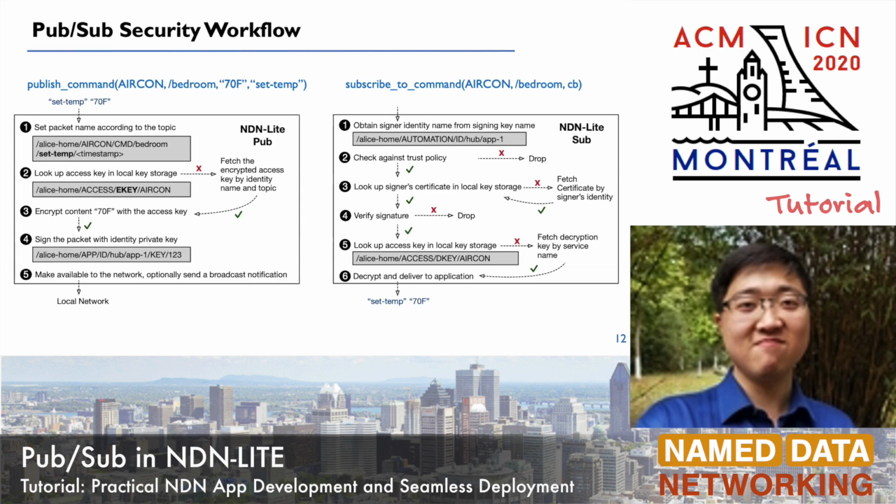Then the subscriber part. By calling the subscribe to command API, it will first listen to the notification interest, right? Then after fetching the command data back, it will extract the signer's identity key name from the key locator space in the data packet. Then check against the trust policy to see if the data name and the signing key name follow the same patterns I just specified earlier.